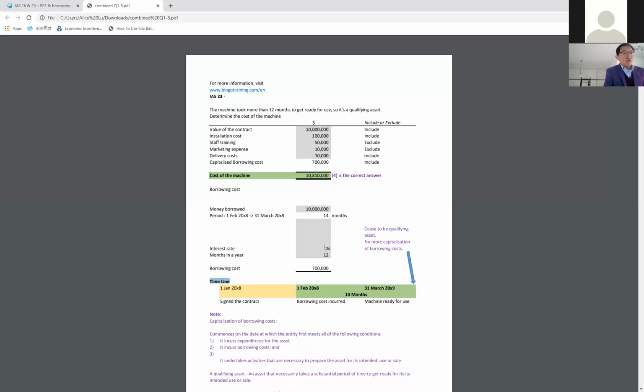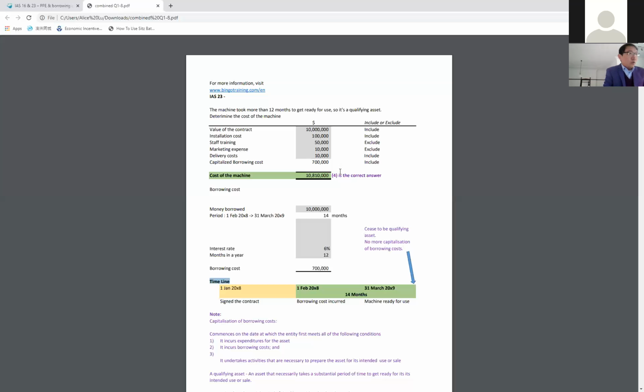We're going to get interest expense for 1 year, and then we can just adjust for an extra 2 months. So you could do 10 million times 6% times 14 over 12. With some arithmetic to that level, you'll find that the total amount of borrowing costs is going to be 700,000.